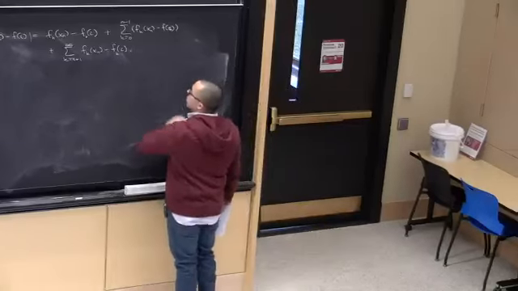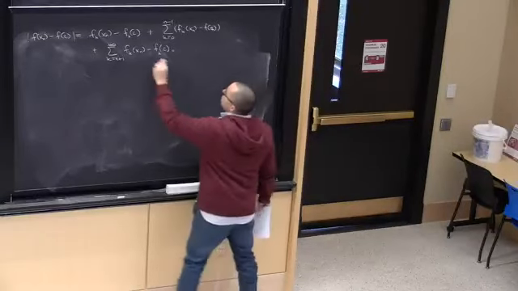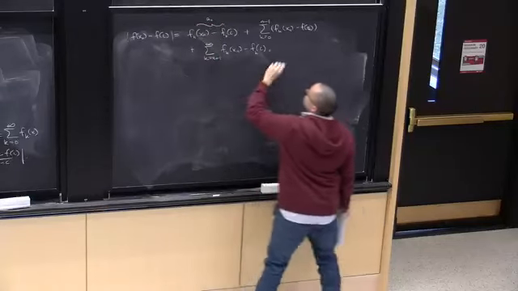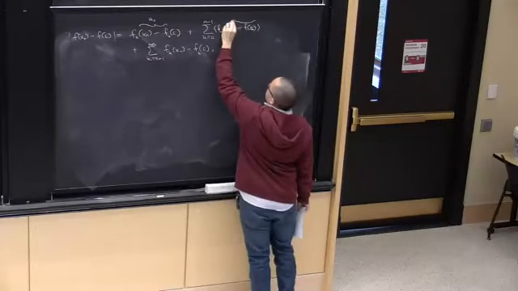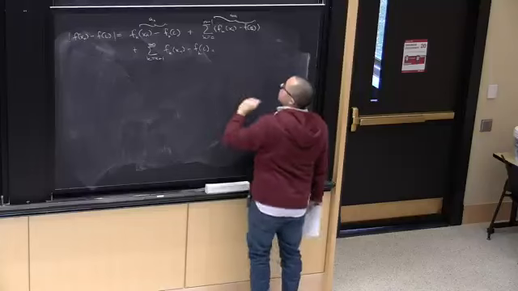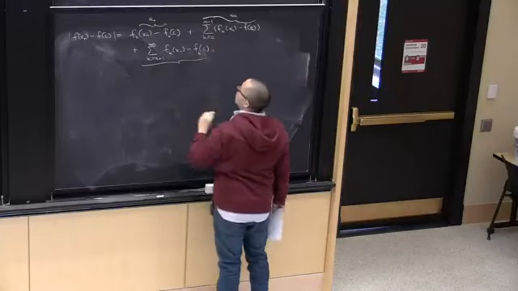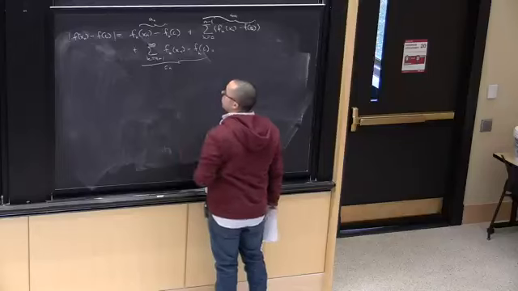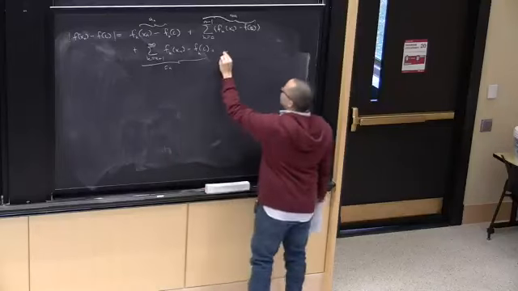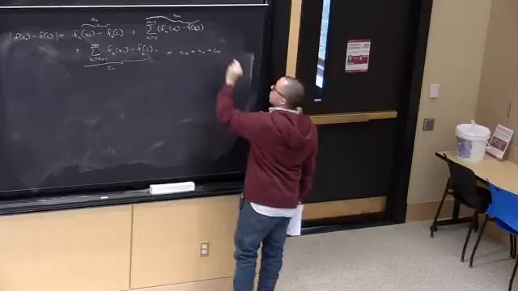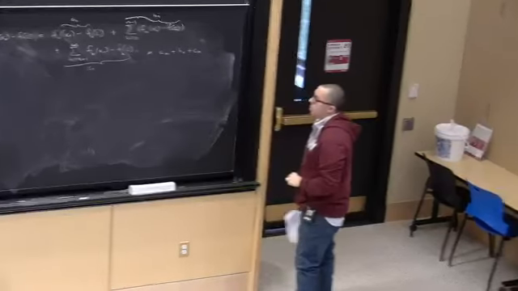And so I'm going to let a sub n be this first number, b sub n be the second number, including the sum, and this will be c sub n. So this is equal to a sub n plus b sub n plus c sub n. Okay?